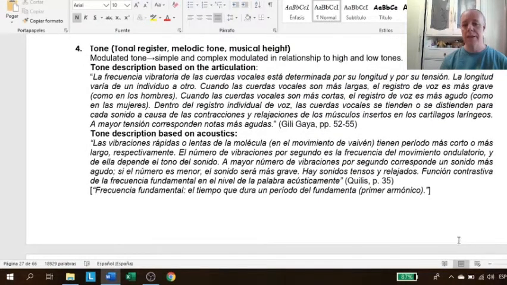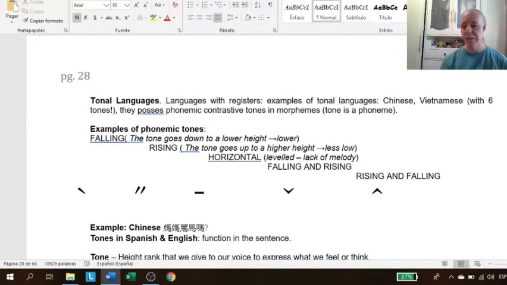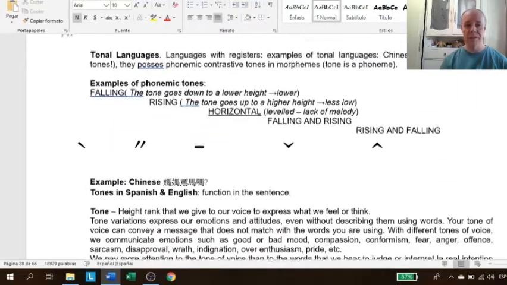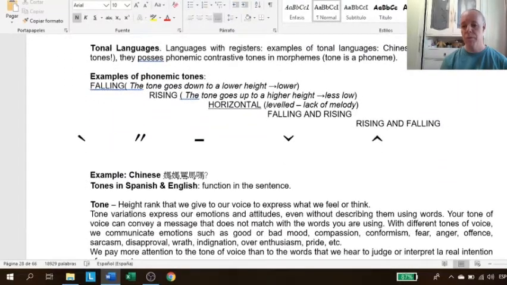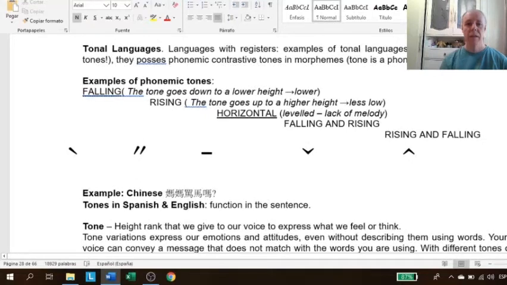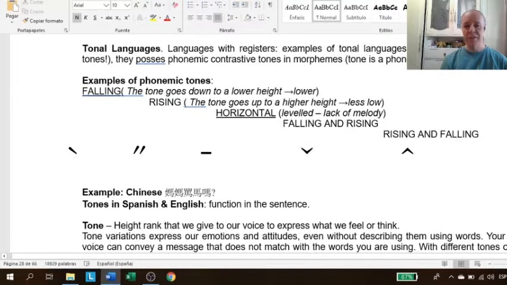Three prosodic features. The fourth prosodic feature is tone. All right, tone. And here I need to make a difference. I need to distinguish tone from tonal languages. Languages with registers, examples of tonal languages: Chinese, Vietnamese with six tones.